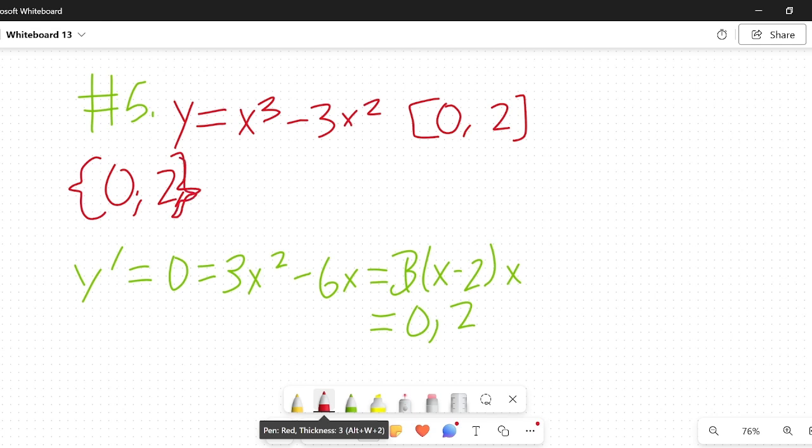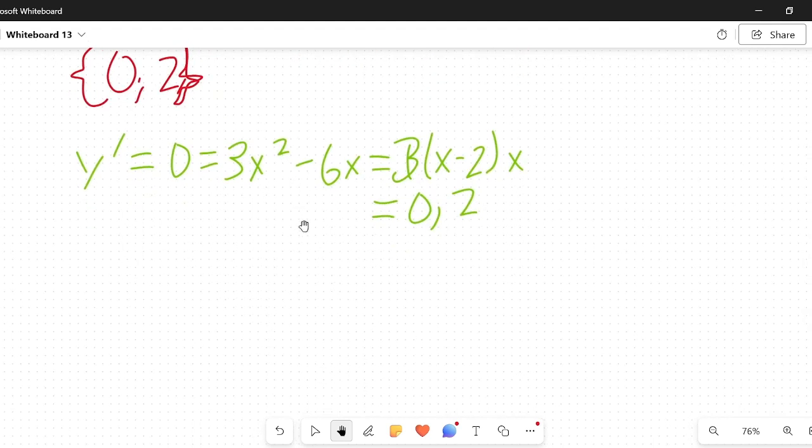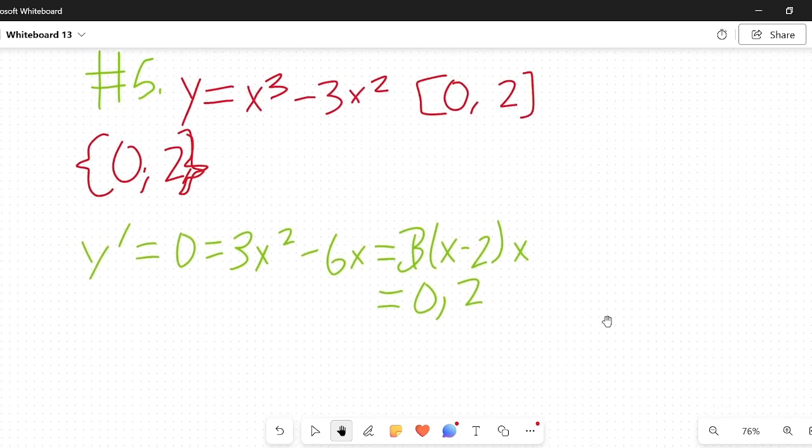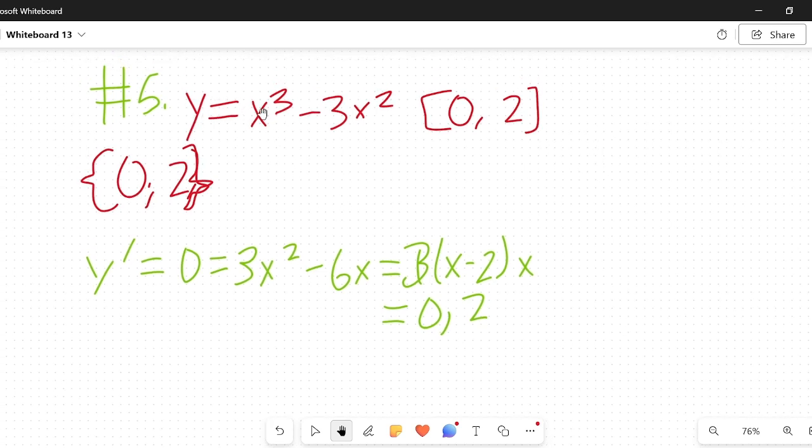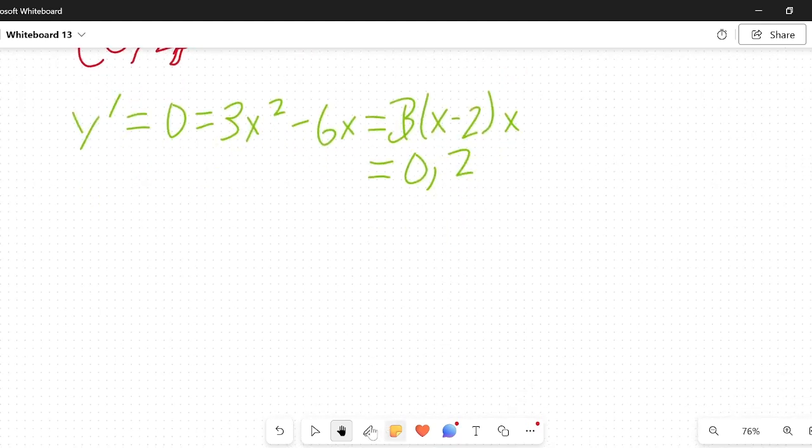And essentially, after we find the critical numbers, we take all the critical numbers and see which one has the maximum value and which one has the minimum value. That is the absolute maximum and absolute minimum on that interval, right? So y equals x cubed minus 3x squared. All we have to do is plug it into this function, and I'll save you the time.